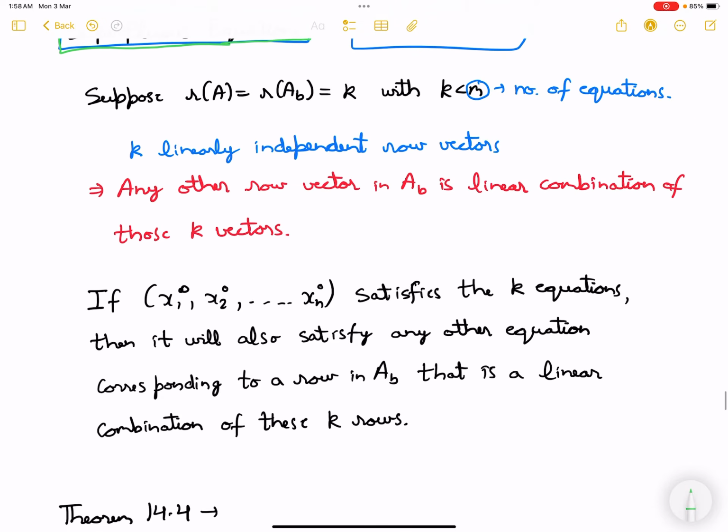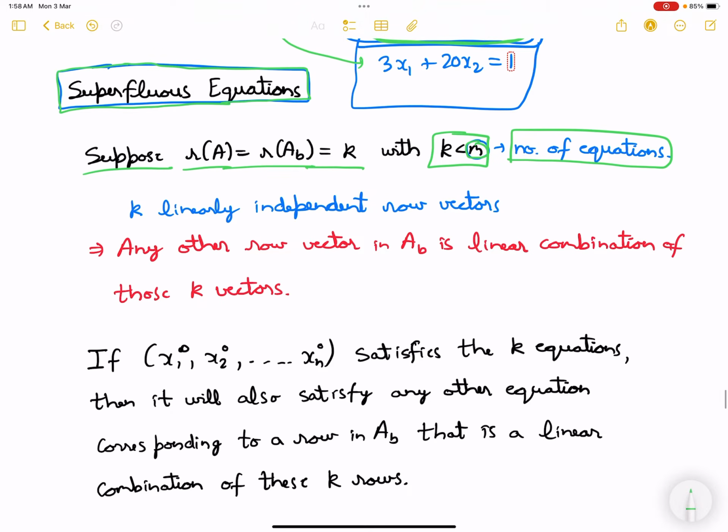Okay. Now suppose the rank of A equals the rank of A augmented B equals K, where K is less than M, where M is the number of equations.